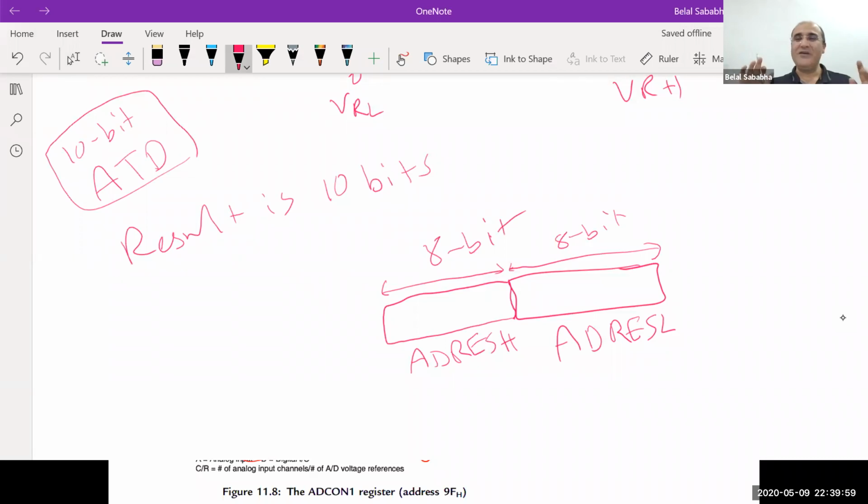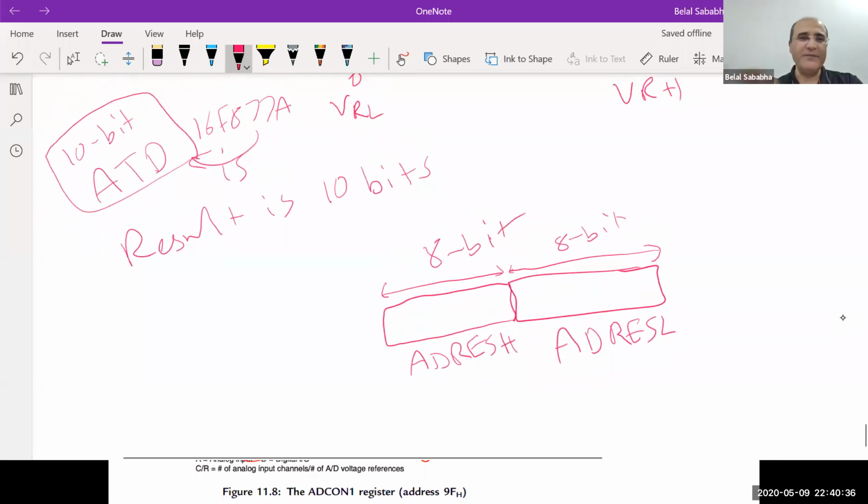Guys, the A to D we have in the 16F877A controller is a 10-bit A to D. Some microcontrollers have 8-bit A to Ds, and some have both 8-bit and 10-bit A to Ds, and you choose in your code which you want. In our microcontroller here, it's only 10-bit, okay?